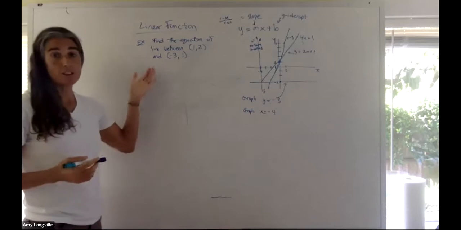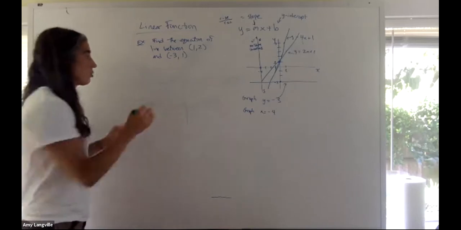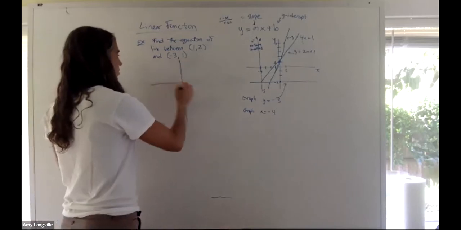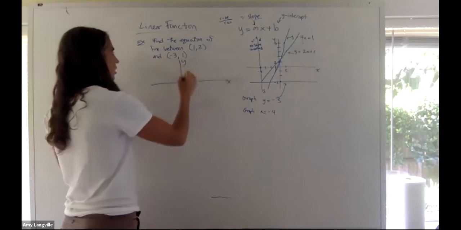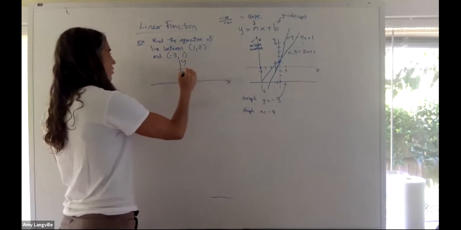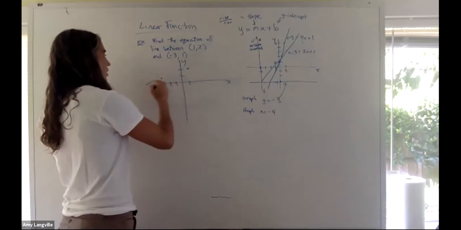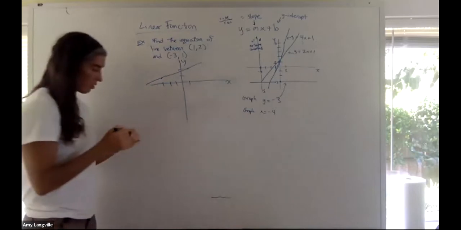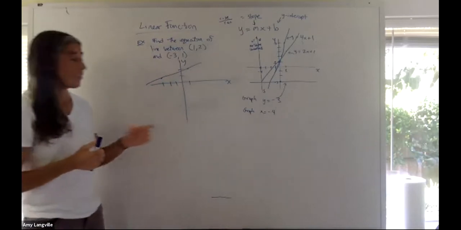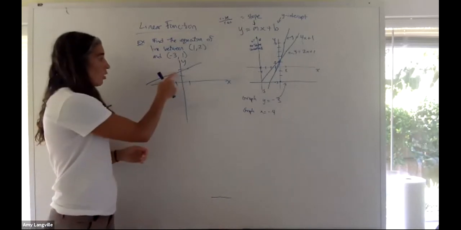Okay, well, you can graph it and get an idea what it looks like. Because we're in 2-dimensional space, we can graph this. Go to the point 1, 2, -3, 1. And from the visual picture, we know a few things already. We know that the y-intercept is somewhere between 1 and 2.